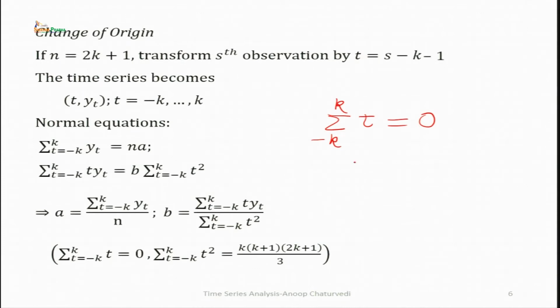Now, from here you can easily obtain a equal to 1 by n summation y t, and from the second equation you can easily obtain the value of b. b is equal to summation t y t upon summation t square. Range of t is from minus k to k.